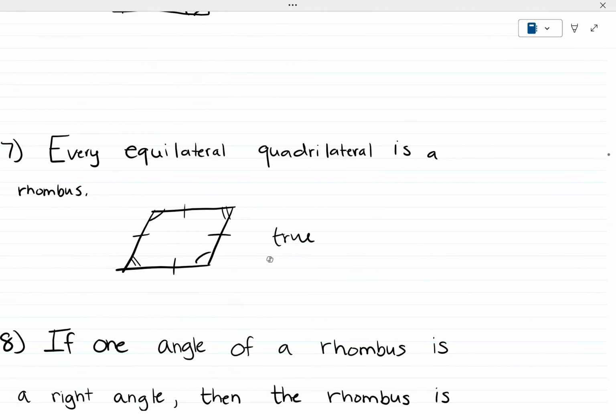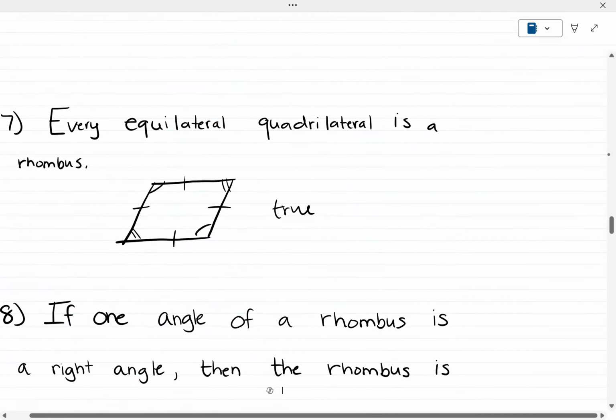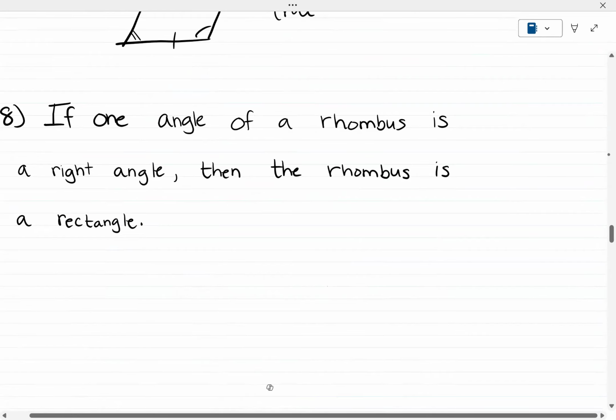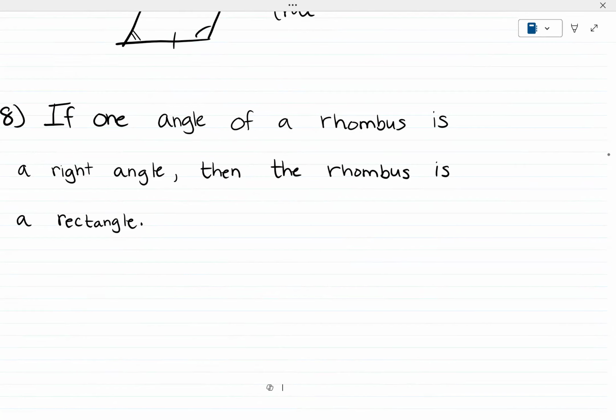Okay, let's move on to question 8. Question 8 says, if one angle of a rhombus is a right angle, then the rhombus is a rectangle. I think that is true.